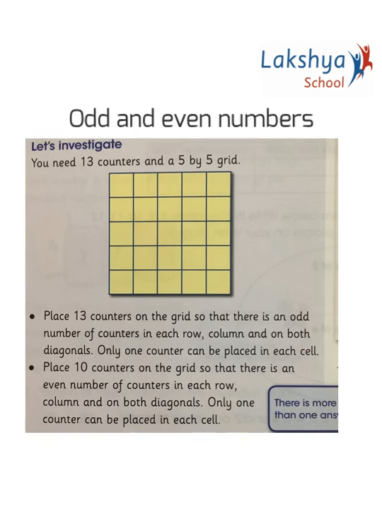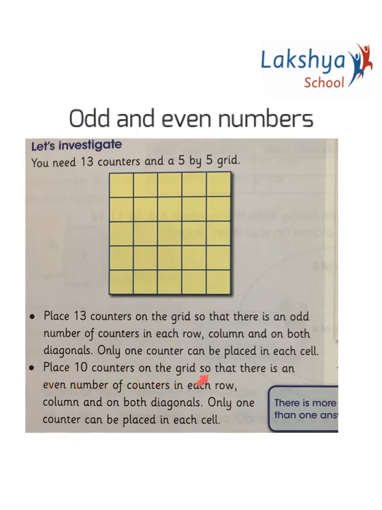So you need to arrange it in such a way that each row, column and the diagonals have only an odd number of counters, like 1, 3, 5, etc.